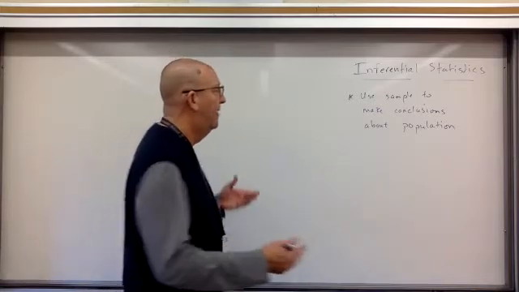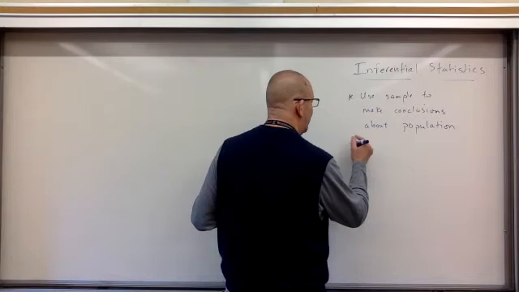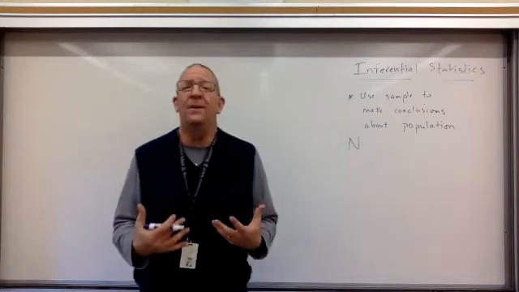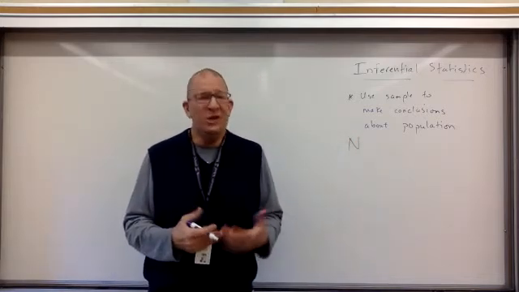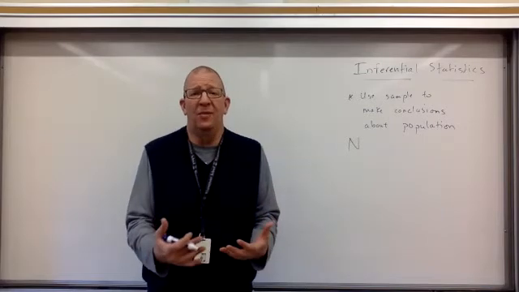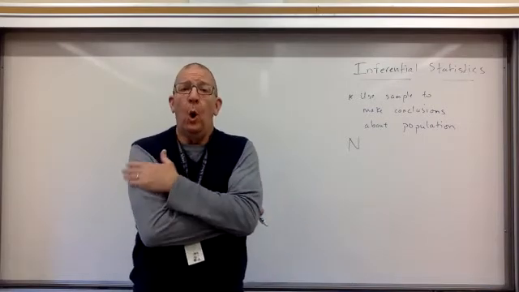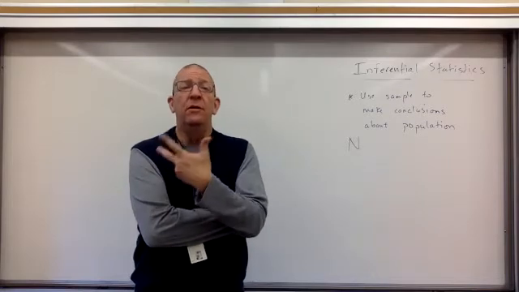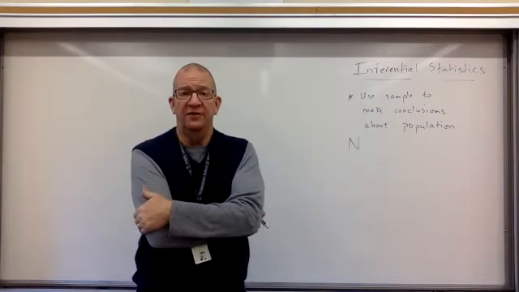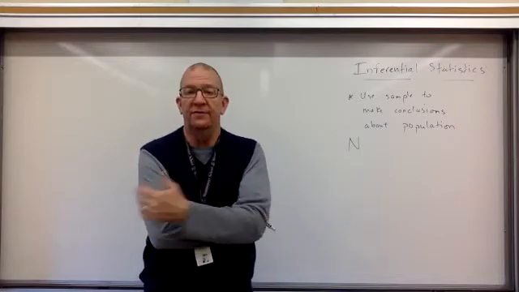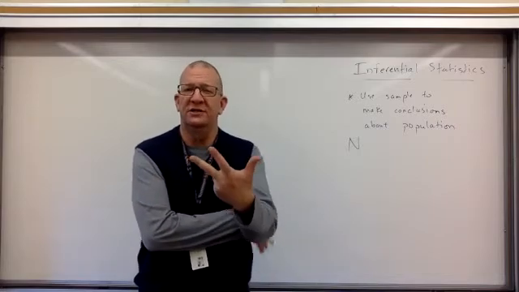All right. We've got capital N. Capital N is your population. Now, we don't really ever know what that number is. Capital N might be something like all people over the age of 60, or all teenagers, all college students, right?